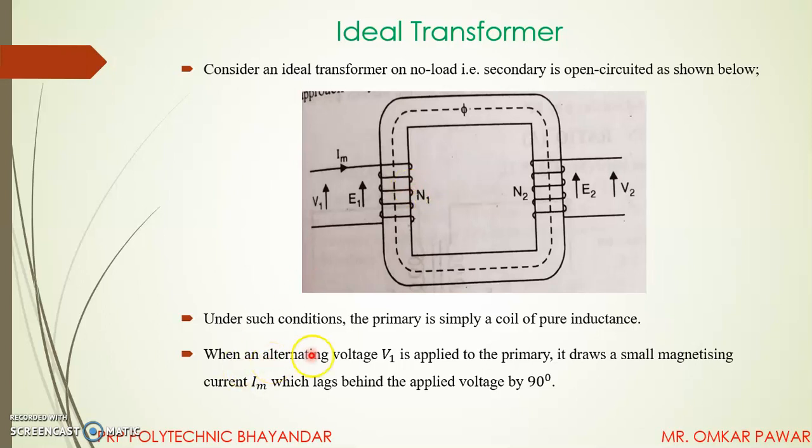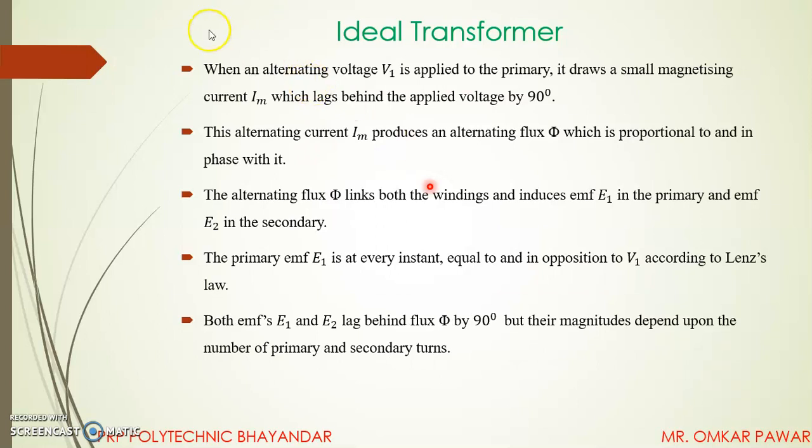When alternating voltage V1 is applied to the primary side, it draws a small magnetizing current Im which lags behind the applied voltage by 90 degrees, because this coil is a pure inductance. In a pure inductive circuit, the current lags the voltage by an angle of 90 degrees.